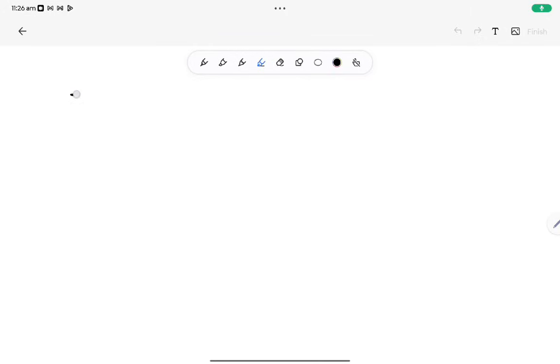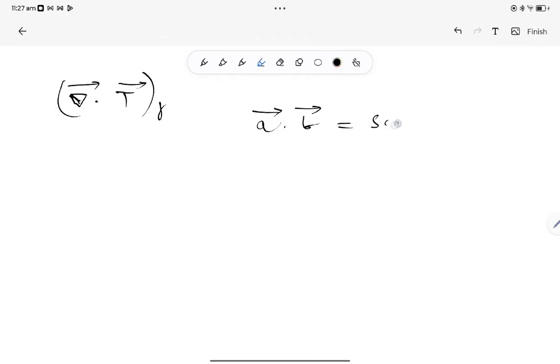Let us now examine dot product of del and our tensor. Its jth component. In order to have a feel of how dot product is defined between a vector and a tensor, you simply have to recall the definition of dot product in case of two vectors. When you dot two vectors, you get a scalar.